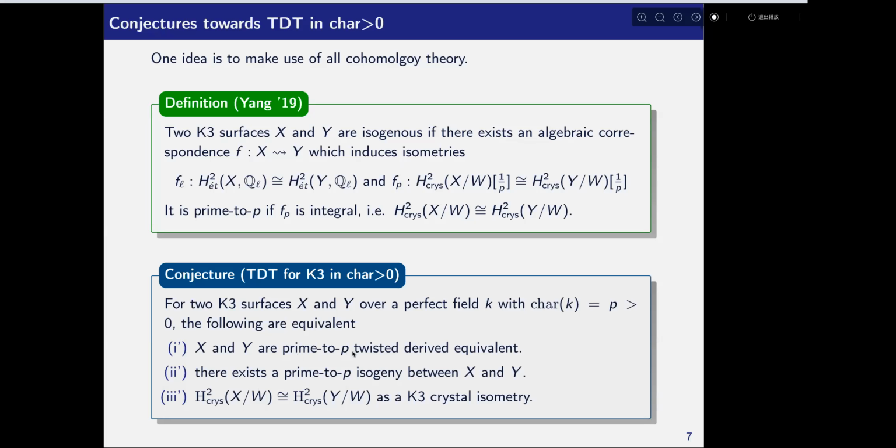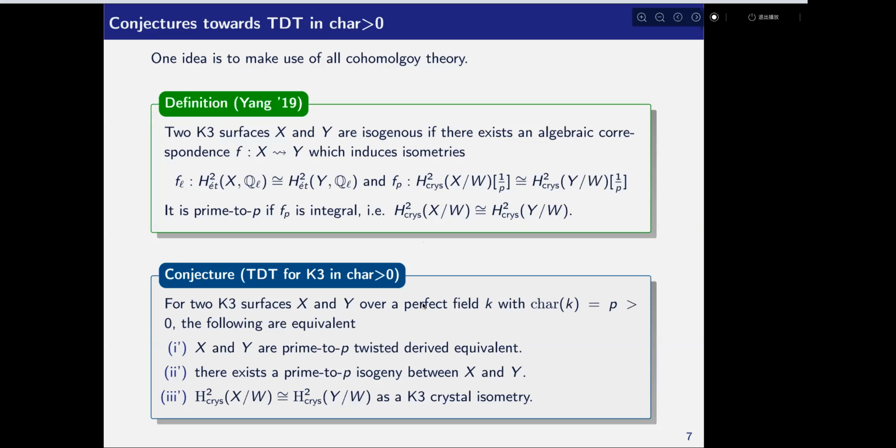This is the only thing we need to be careful about. For example, if we have a K3 surface that is supersingular, and there is also some isogeny between their cohomology theories, we think that in general they are not twisted derived equivalent.